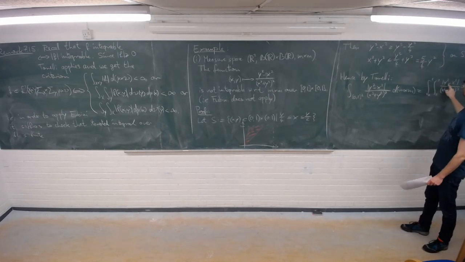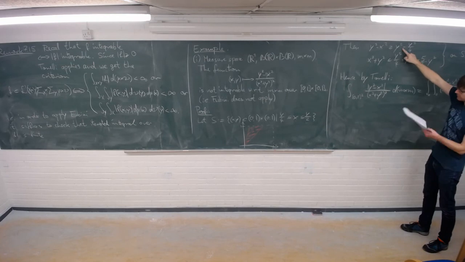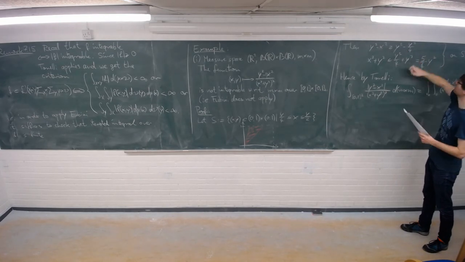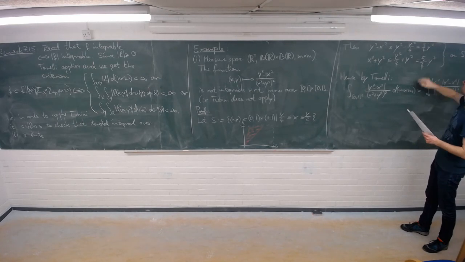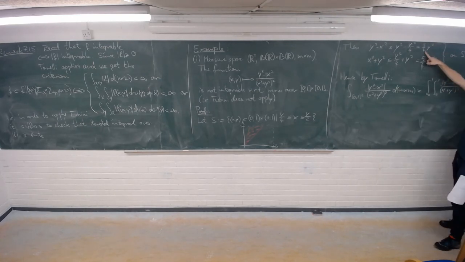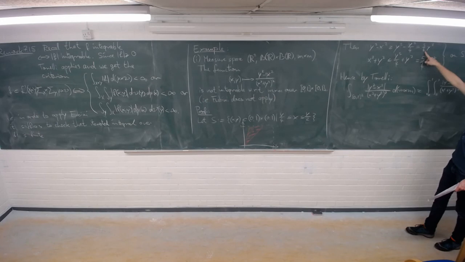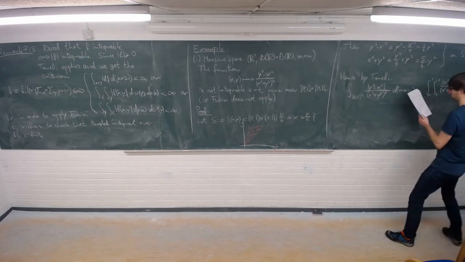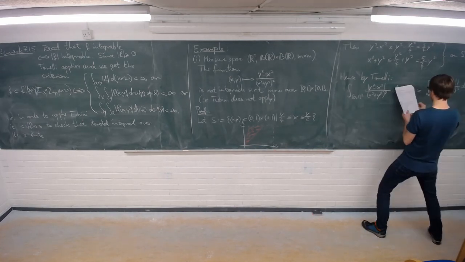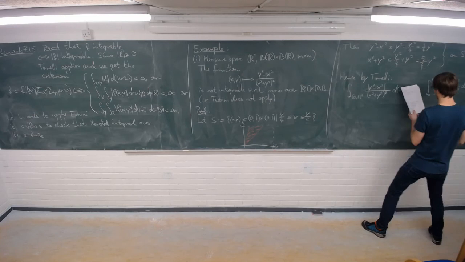We can replace the numerator by this. By the way, this can be simplified, of course. This is 3/4 y squared. So we can replace the numerator by 3/4 y squared and the denominator by 5/4 y squared. And then we only make it smaller.